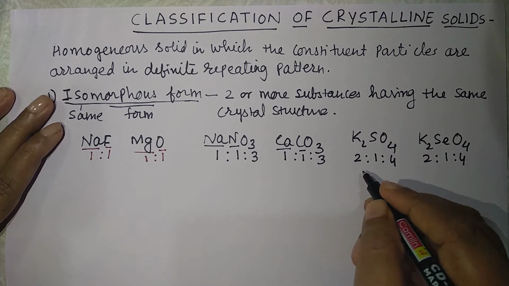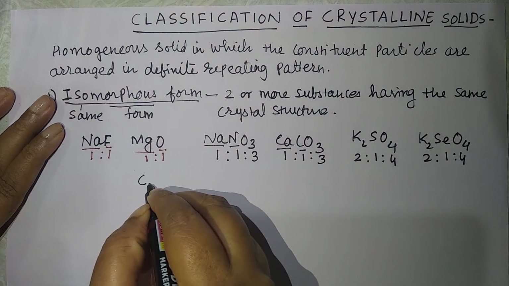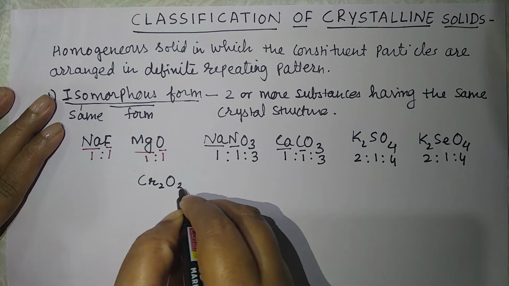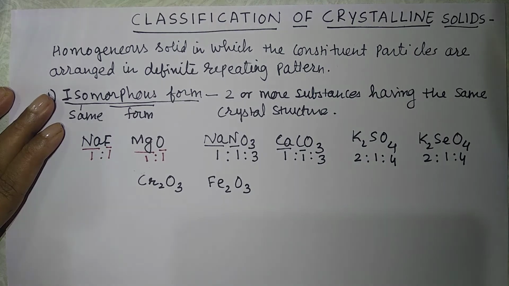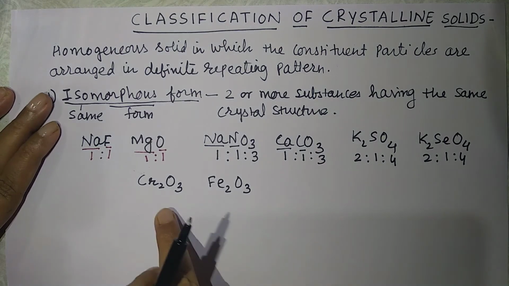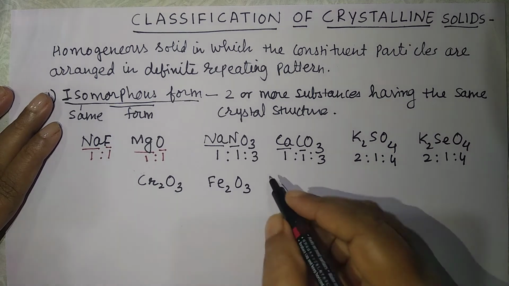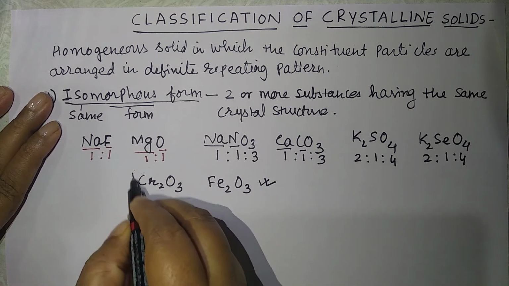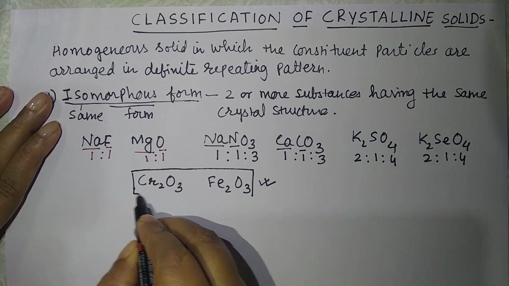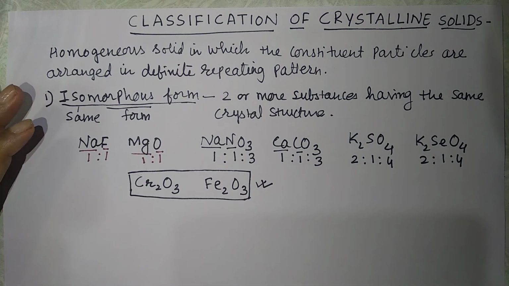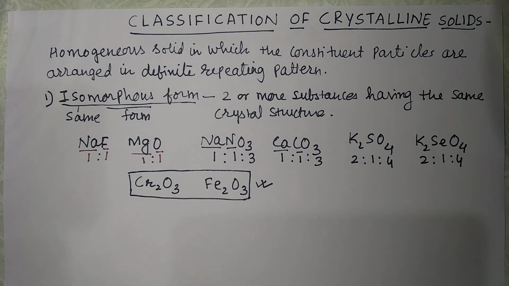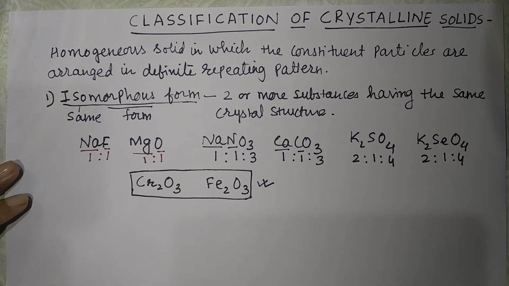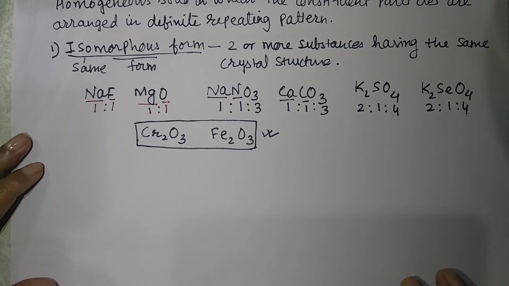Let us take one more: Cr2O3 and Fe2O3. Whether they are isomorphic to each other, please find out the ratio and give me the answer in the comment box. This is the first form: two or more substances having the same crystal structure and the same atomic ratios. We call them isomorphous substances, or the isomorphic form.